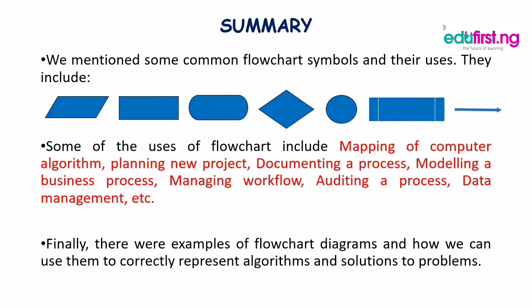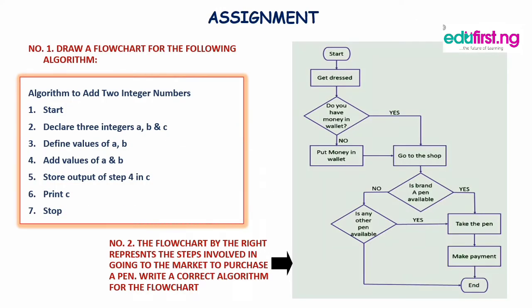We also mentioned some of the uses of flowchart to include mapping of computer algorithm, planning new project, documenting a process, modeling a business process, managing workflow, auditing a process, data management, and so on and so forth. Finally, there were examples of flowchart diagrams and how we can use them to correctly represent algorithm and solutions to problems.